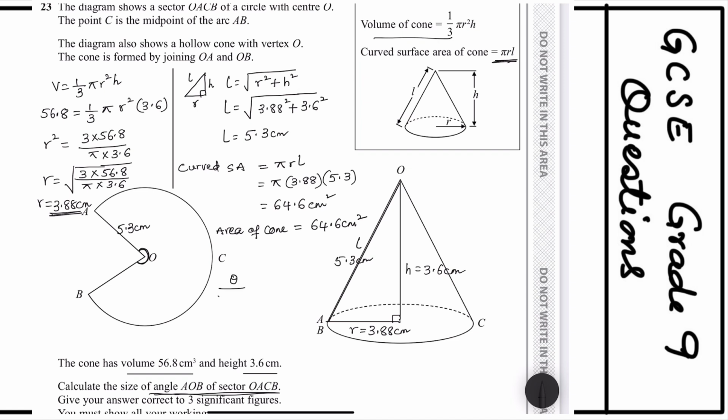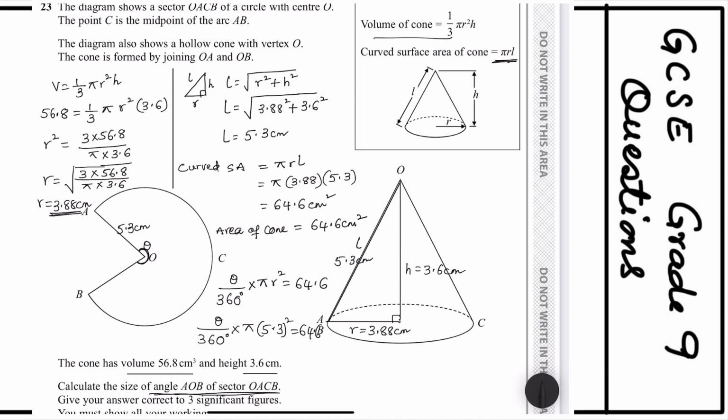Theta over 360, theta is our angle, times pi r square, which is equal to 64.6 centimeters square. R is the radius of the sector, which is 5.3 square.